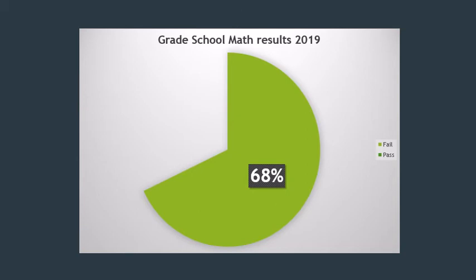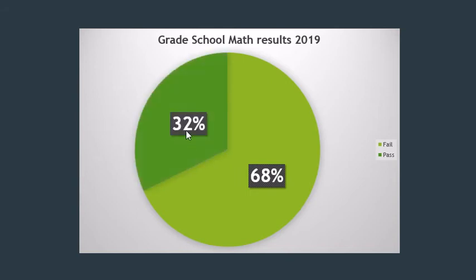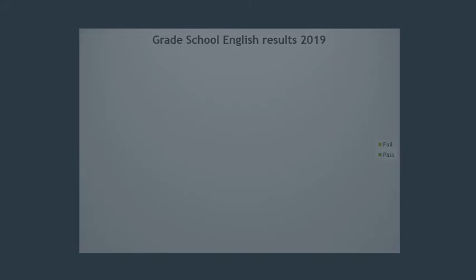So thousands of students failed and therefore are relegated to B or C class secondary schools, or they even drop out from the school system. Only 32% passed. And out of all of the students, only 1% get to be accepted in the top school.